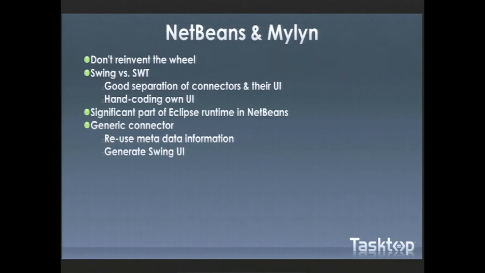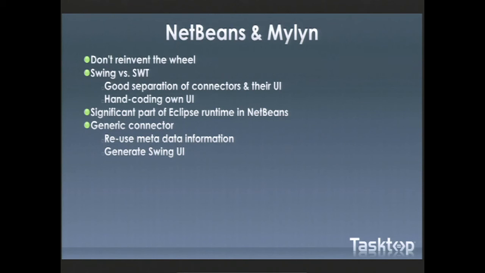This year I visited EclipseCon, and while being there, I could chat with Mylyn guys, and we said, okay, let's have a session at JavaOne, what we are going to talk about, what we are going to demonstrate. So the plan was to demonstrate a generic connector.